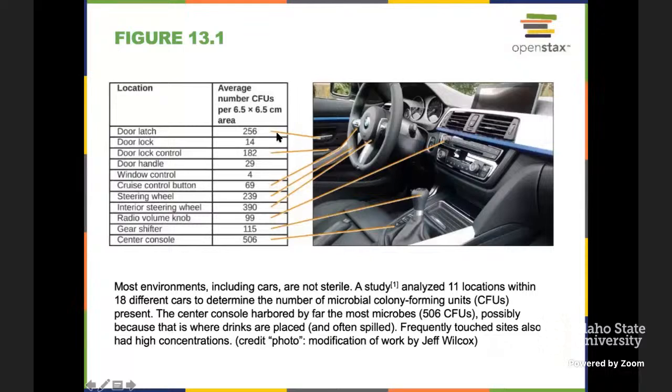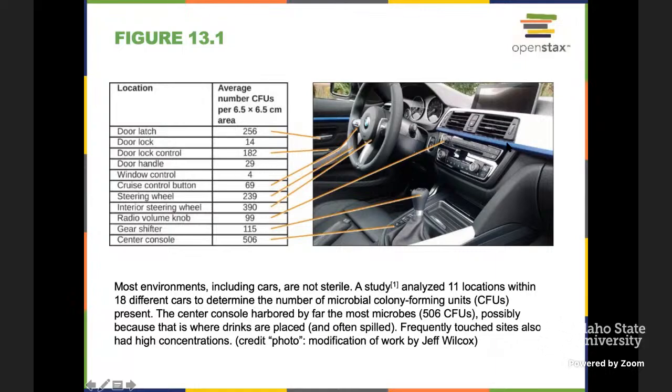So you can see as we move through here, there are definitely things that are more common to be touch points, like the door latch or the center console, the gear shift, maybe the radio knobs, right? And then some other stuff like the window control over here. Maybe not used so much.